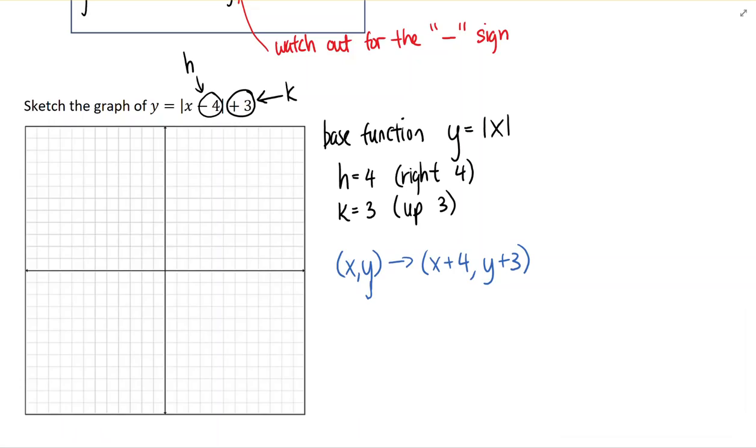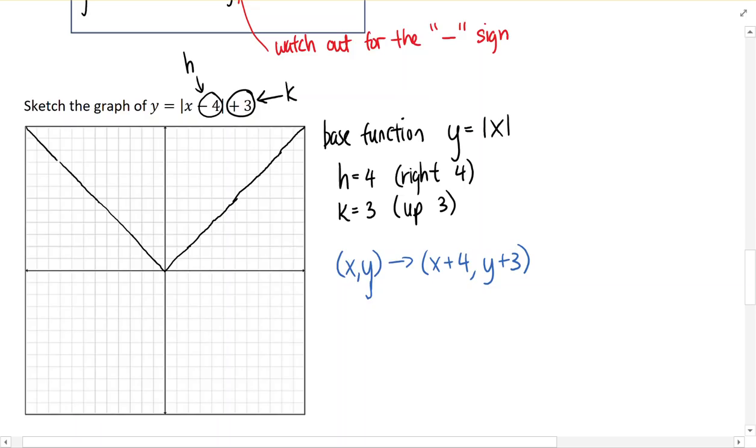So I'm just going to graph the original first in black. The absolute value, you guys should know now, is just going to be kind of this 45-degree line from the origin up to however far you can draw. Now with our translated mapped function, this is what it's going to look like.